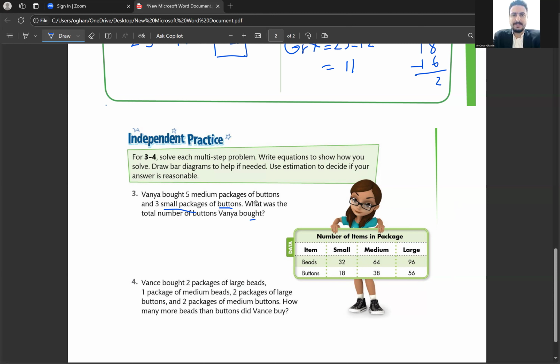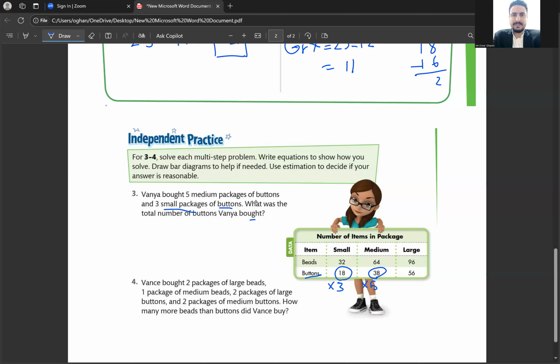The buttons are here and the medium here, so multiply by 5. And here, 3 small packages of buttons. The small is here, buttons as well, and here multiply by 3.